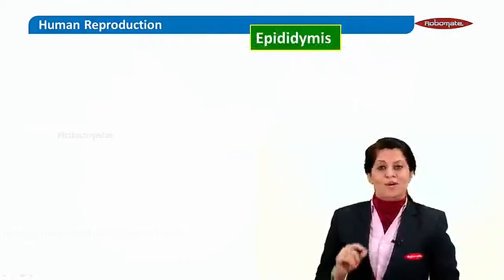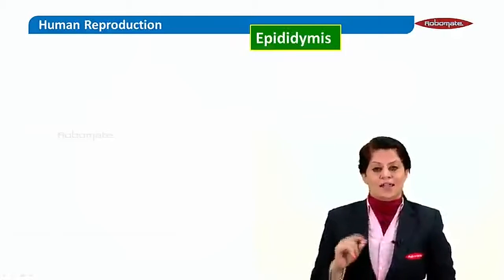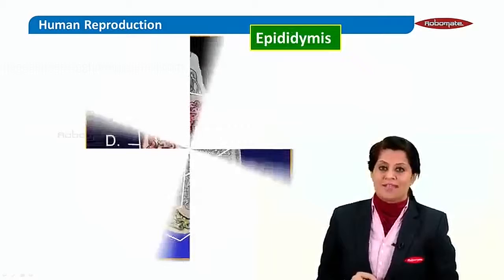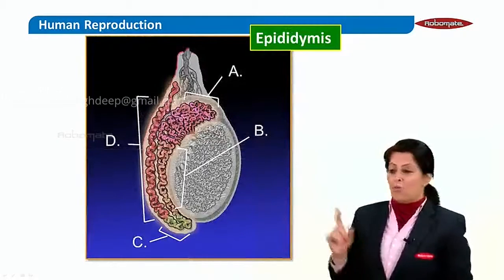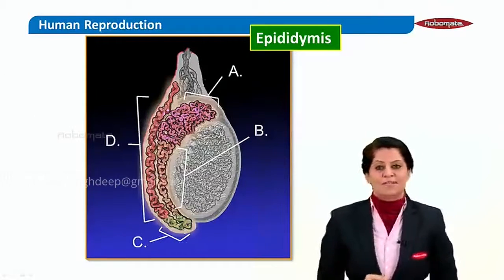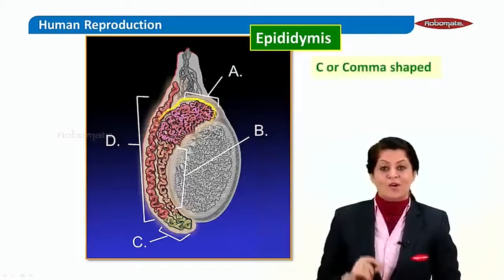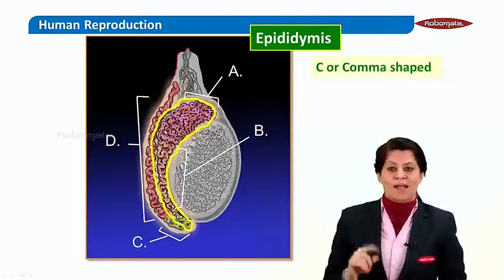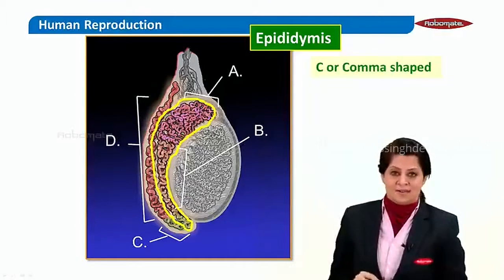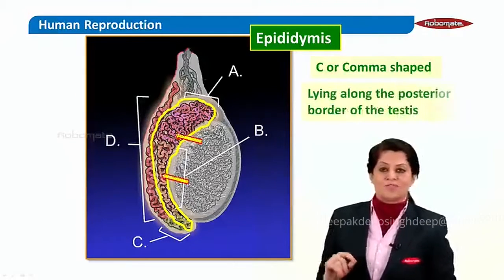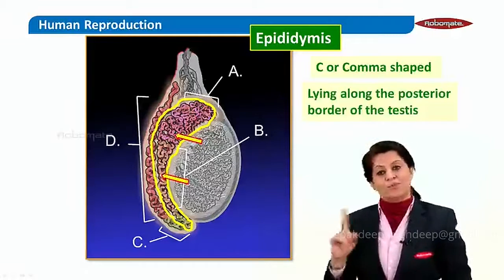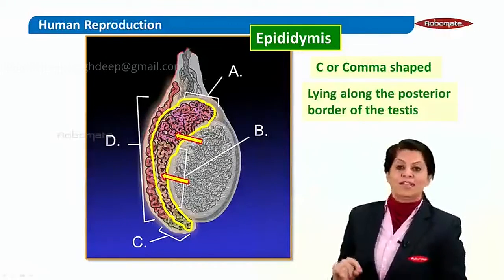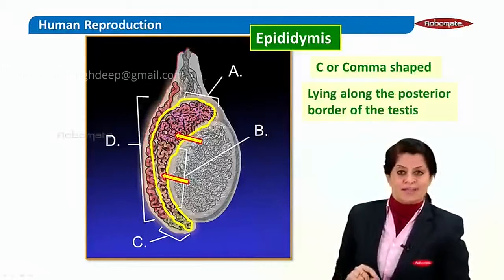Now moving on, students, let's study another important part which is known as epididymis. Now let's observe where epididymis is in this structure. It is a C or comma shaped part which you observe here, and this is the structure, students, which is lying posterior to the testis, at the posterior border of the testis.